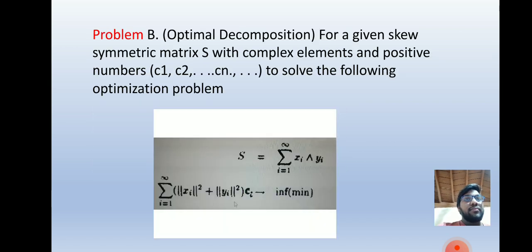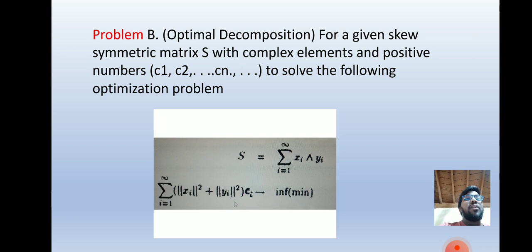Next, in problem B, let us know about optimal decomposition for a given skew symmetric matrix S with complex elements and positive numbers c1, c2 and so on, cn.